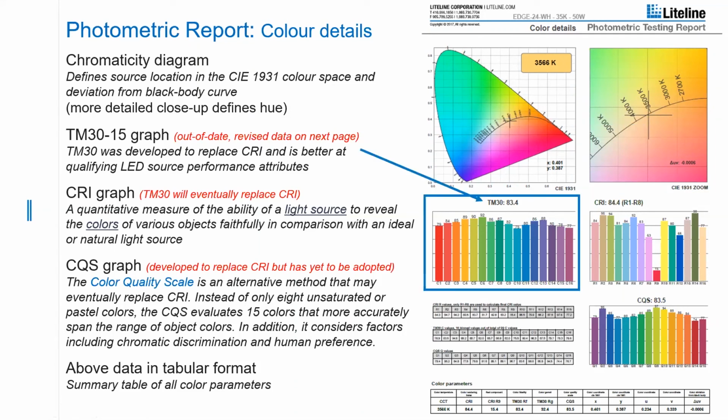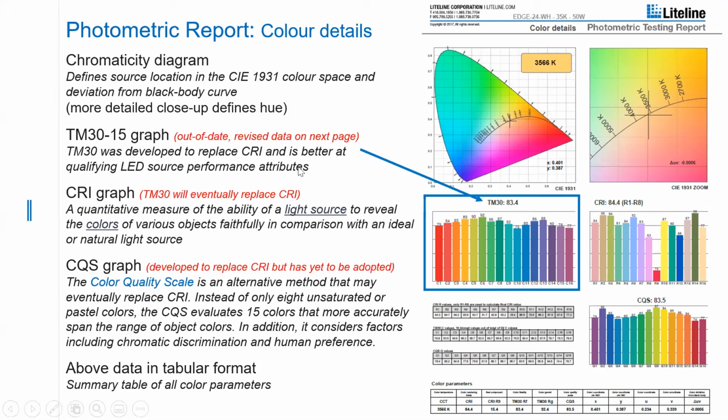The TM30-15 graph. Normally, I'd be very excited about showing you TM30 information because, from what I understand, not only is the rarity of photometric reports so pervasive in our industry for manufacturers, TM30 is virtually not being published by any manufacturers yet. And this is the newest metric for being able to derive the quality information.